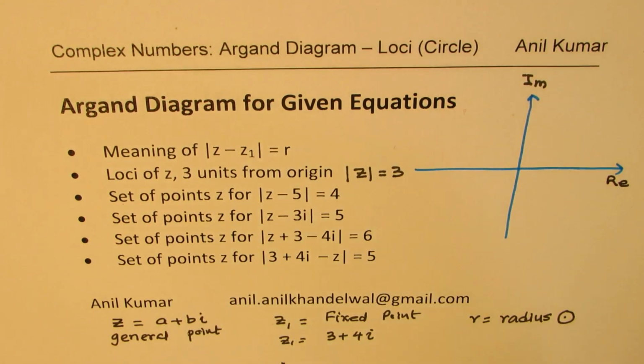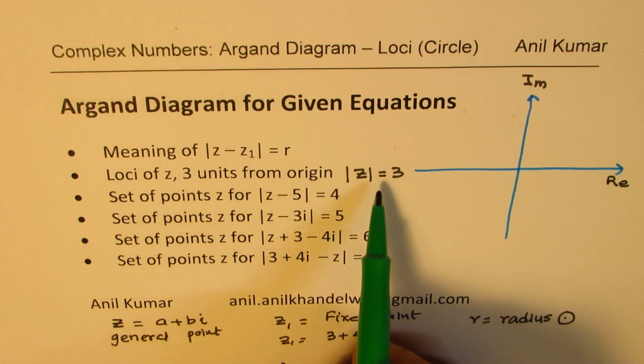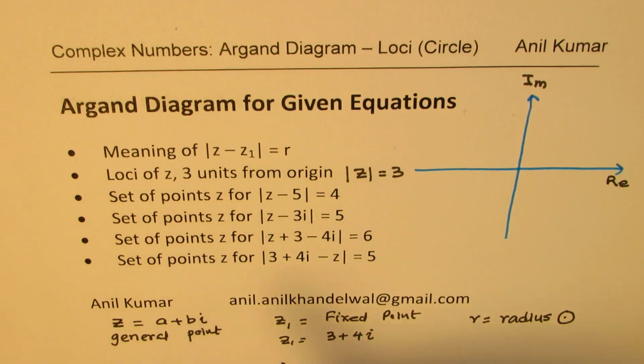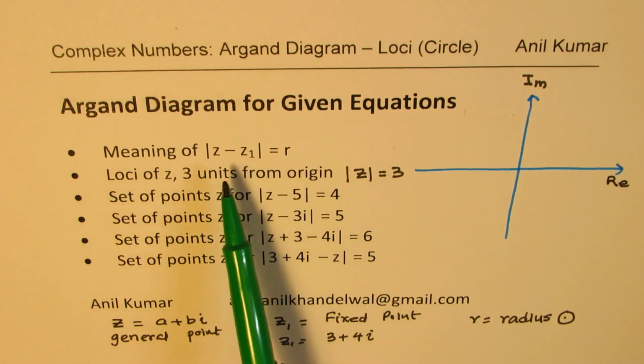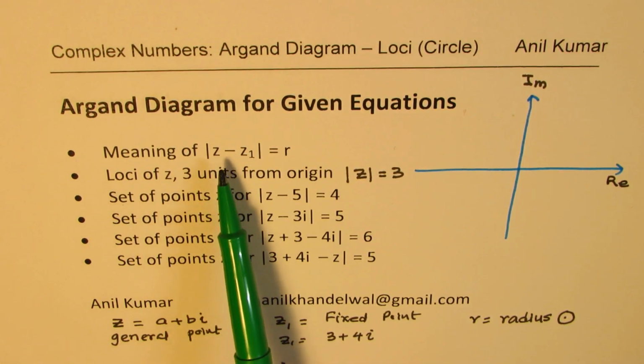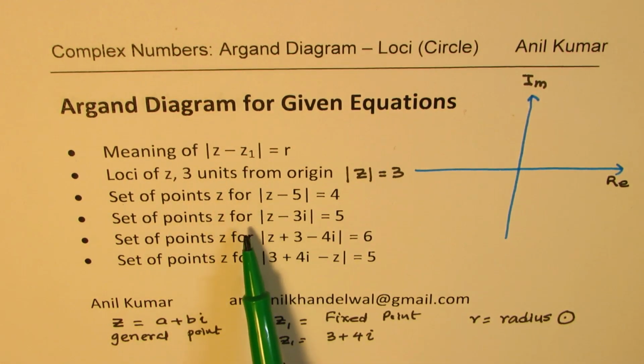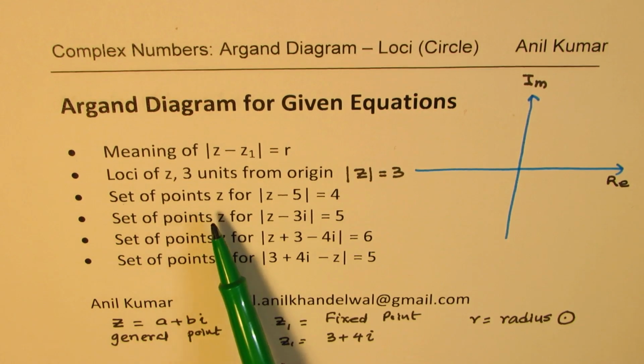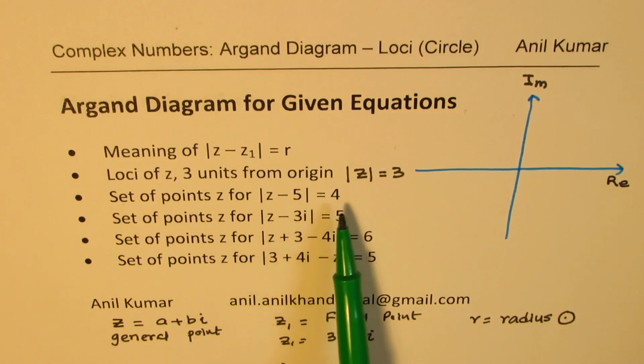And it really means that we need to sketch all the set of points which are 3 units away from the origin. What does that mean? Now, here's a general equation. With reference to this, if you look into all other equations, things will become much clearer. The next one is the set of points z for which the absolute value of z minus 5 equals 4.